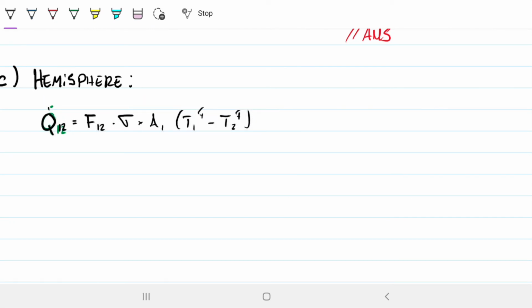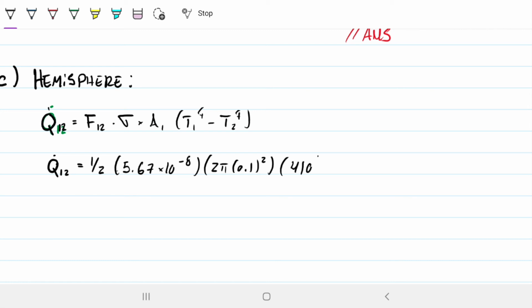In this case, Q12 will be my view factor for the hemisphere, which is half, times my constant, 5.67 times 10 to the minus 8, times area 1. I forget what area 1 was, half the sphere, right? So 2 pi r squared, and this r was 0.1. And then 410 to the fourth minus 300 to the fourth.